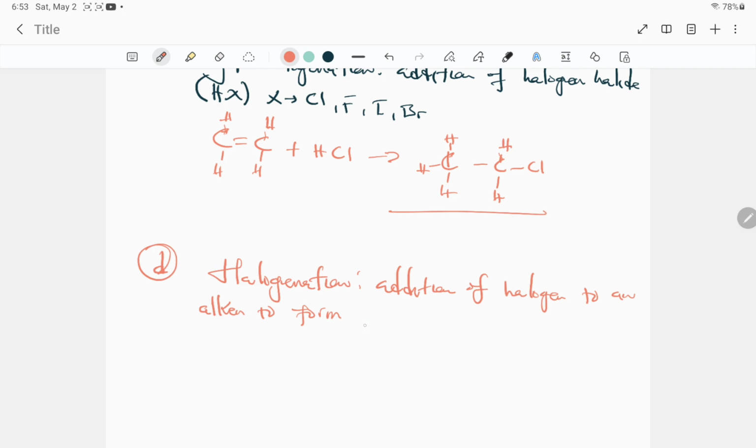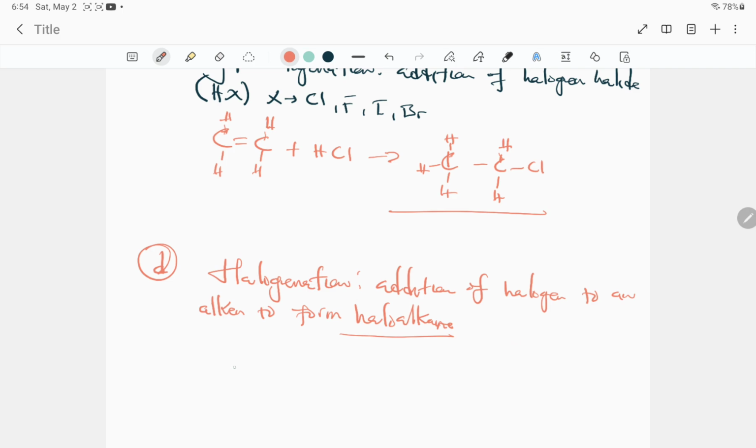So once this is done, we are looking at how we can add atoms of halogen to an alkene to form what we call the alkane haloform. Remember that group 7 elements exist as diatomic elements.